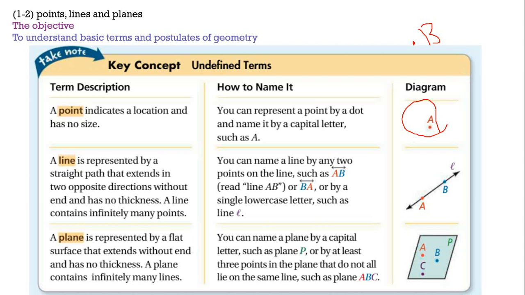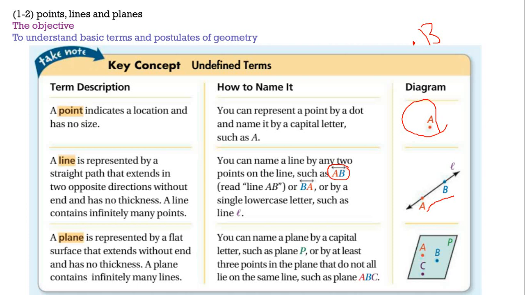A line is represented by a straight path that extends in two opposite directions without end and has no thickness. A line contains infinitely many points. So we can represent the line like this. That's how we have it as a diagram. We can represent this line by saying AB, and we put a small line over it like this.